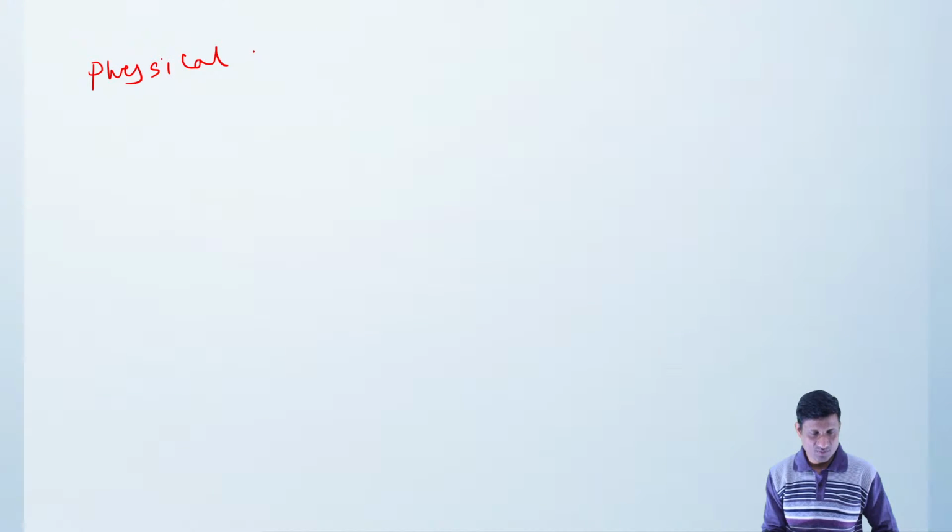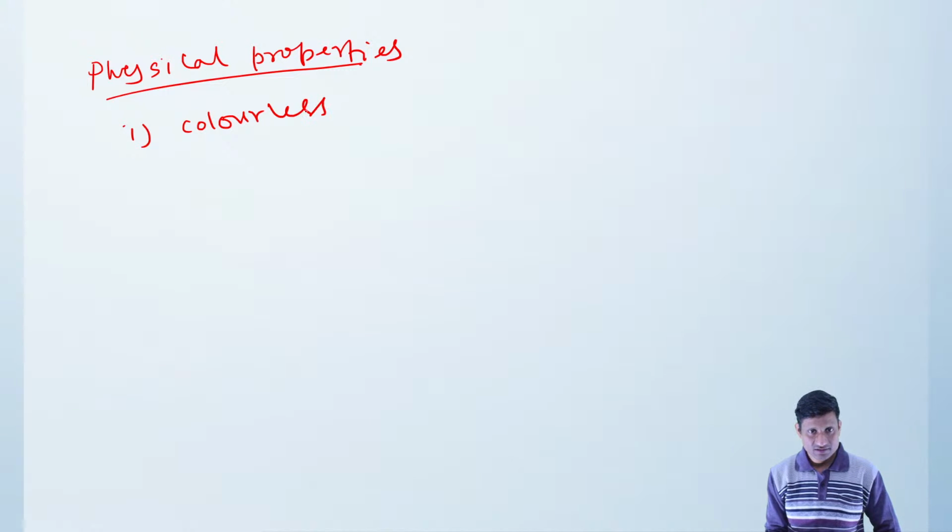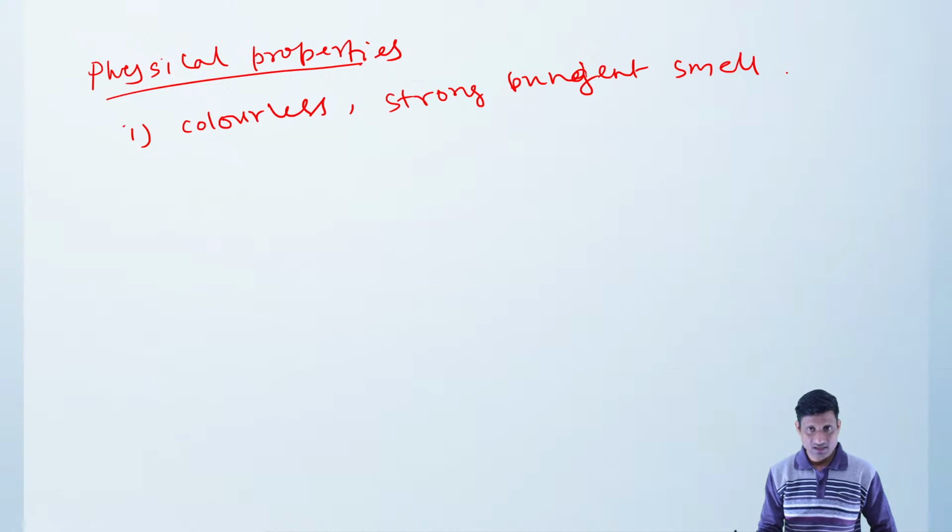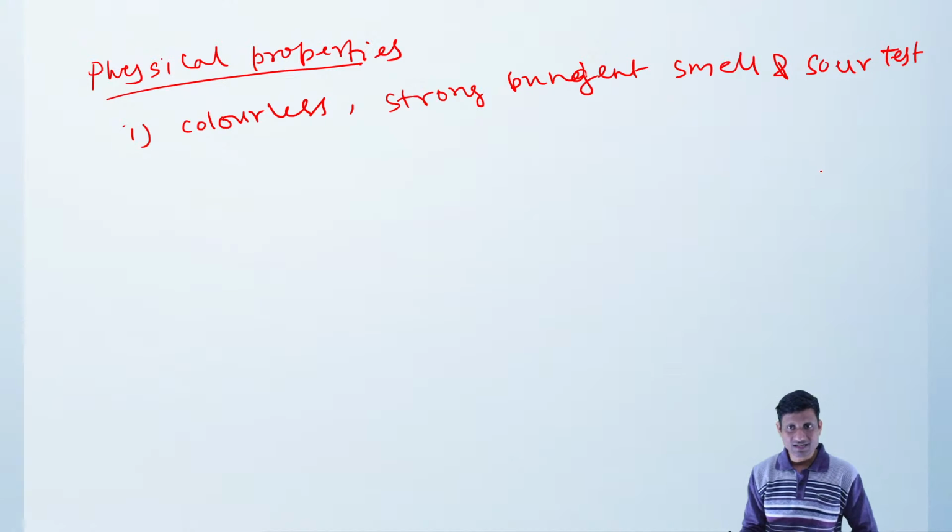Basically the physical properties of acetic acid: it is colorless, with a strong pungent smell, similar to vinegar, and sour in taste. It is a little sour, because acid is sour, so that is why its taste is sour and it has a pungent smell.